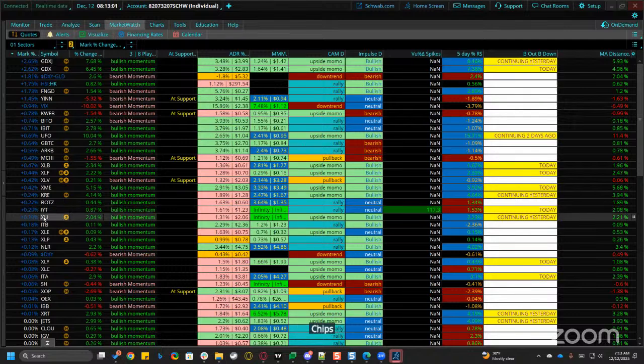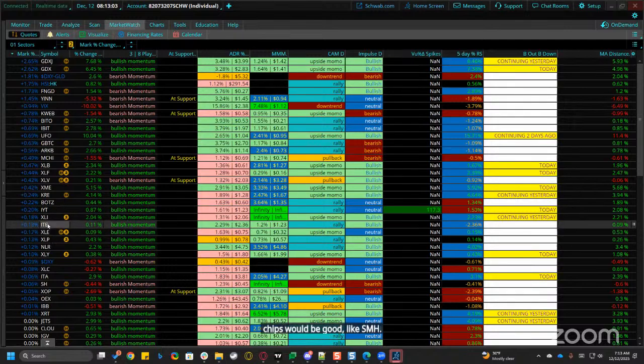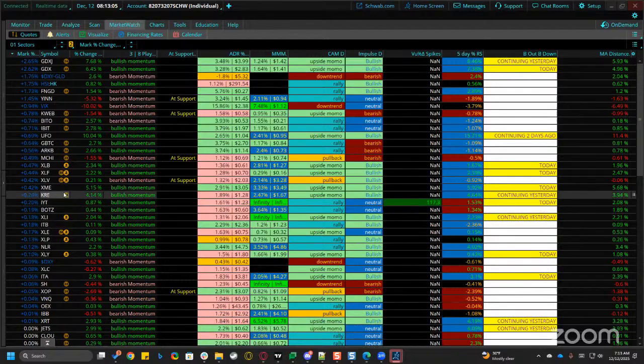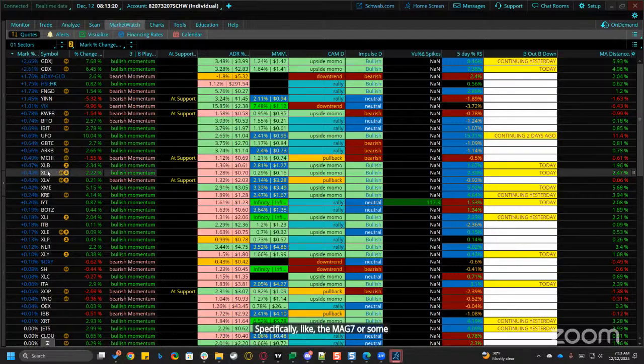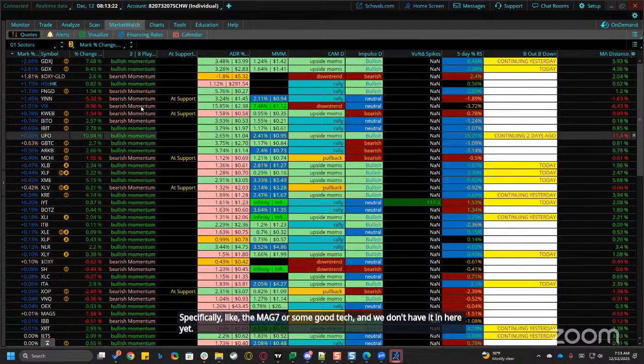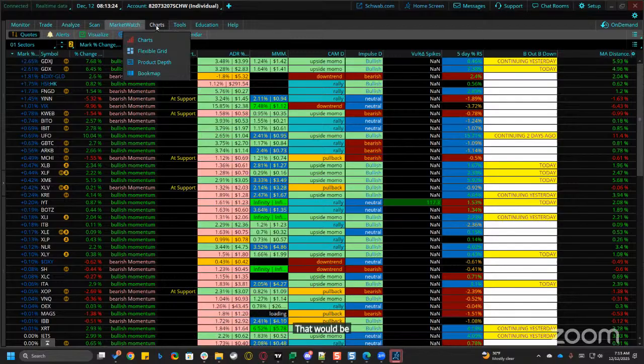Chips would be good, like SMH. So we've got some sectors that are up, and they are helpful sectors like finance, but this isn't going to be enough to get us to break out and run to the upside today. We're going to need something more, specifically like the Mag 7 or some good tech, and we don't have it in here yet. That would be what you want to keep your eye on.